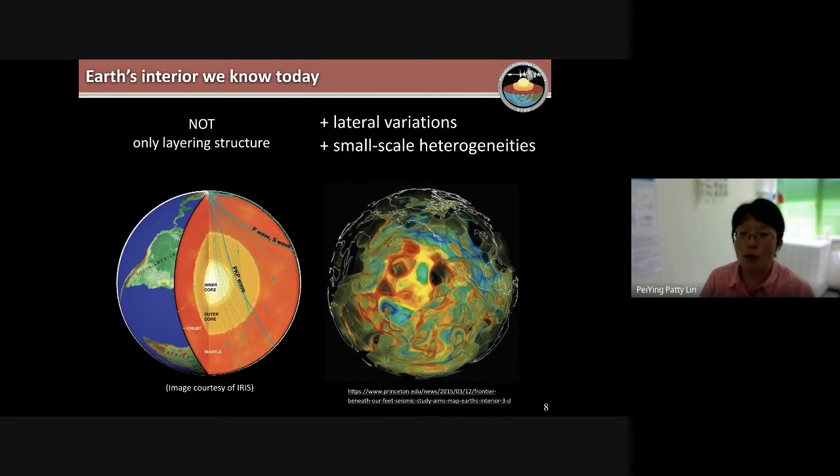These are the two main features of plate tectonics, and that's how seismology helps us know not only fast and slow, but also the evolution of the Earth.